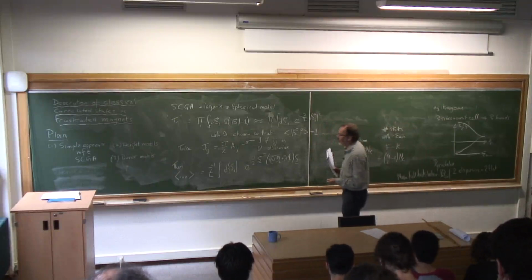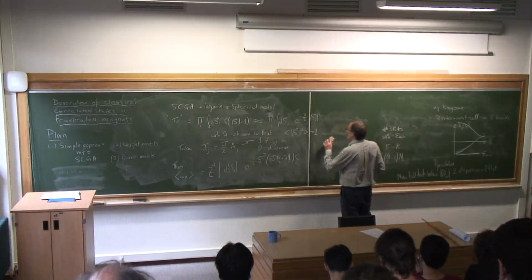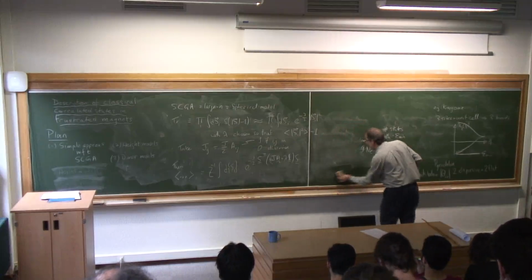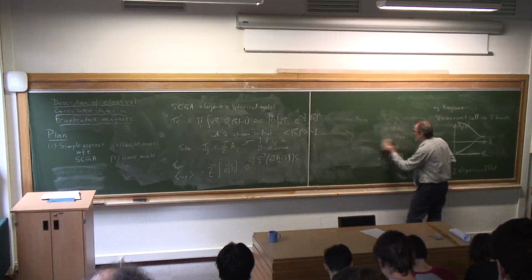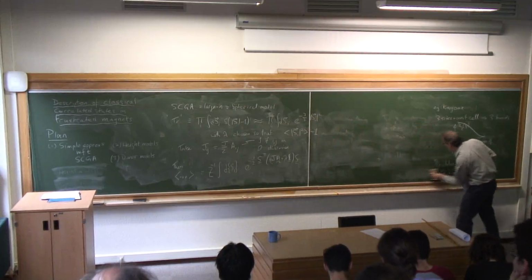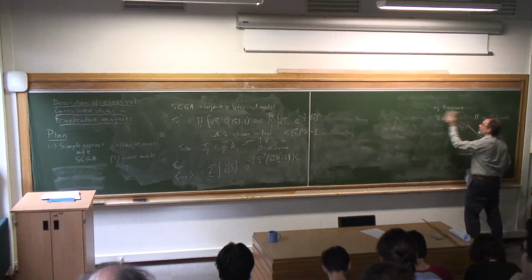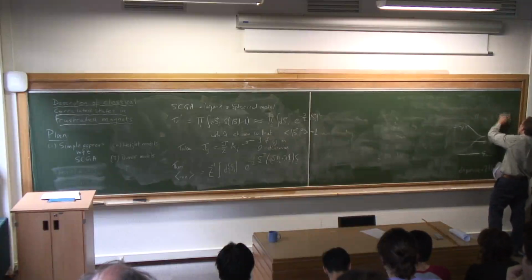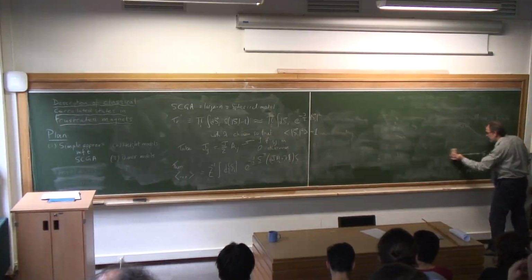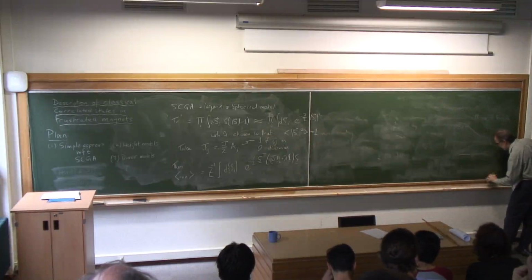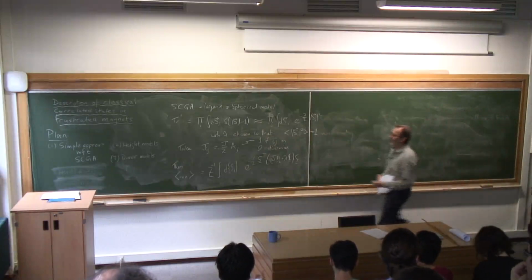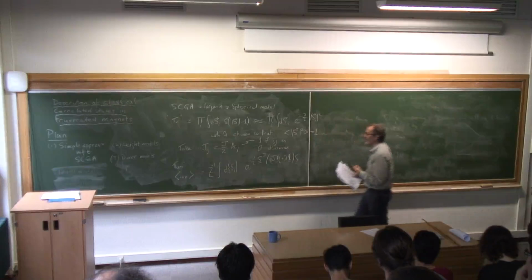So, for instance, if we calculate a spin correlator, then it's a standard result from Gaussian integrals that we can write that just as the inverse of the matrix that appears in the exponent.